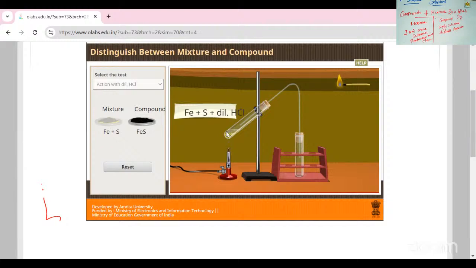This is the mixture in the test tube. Okay. Next one is the compound. The burner is on.